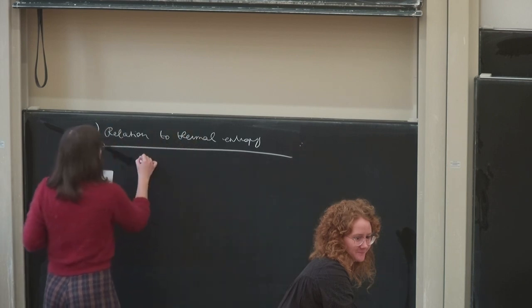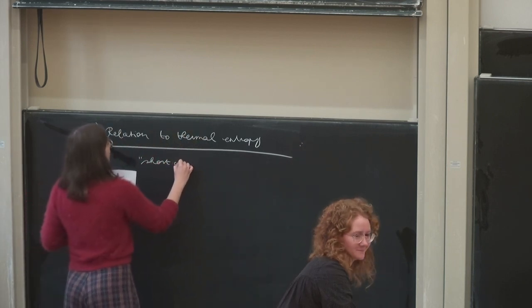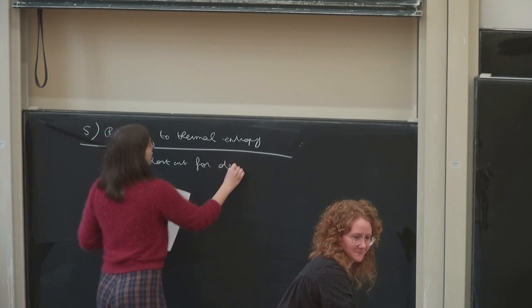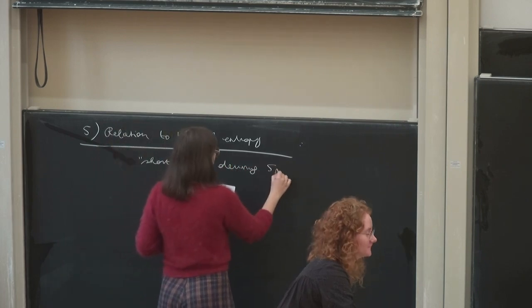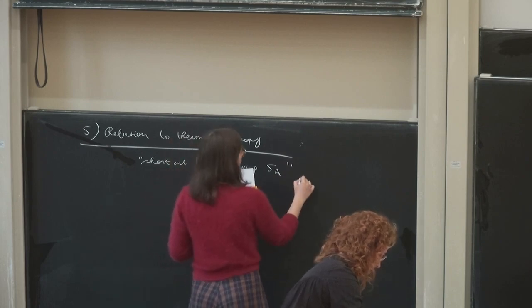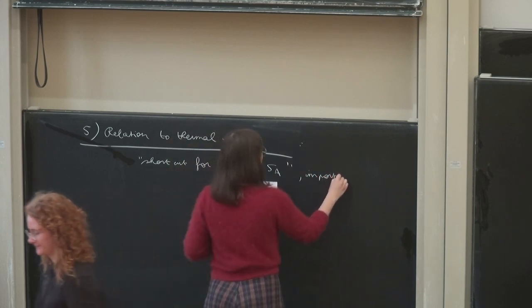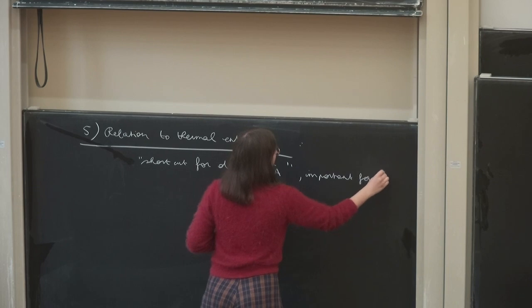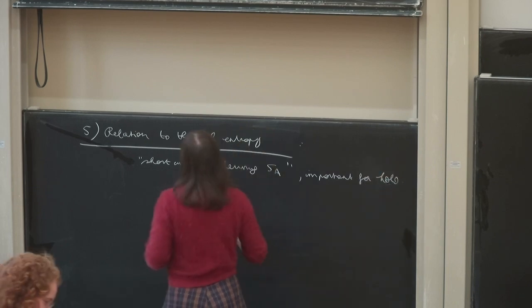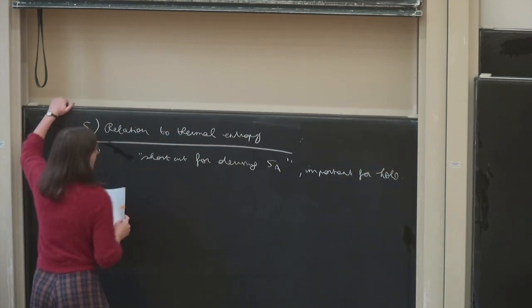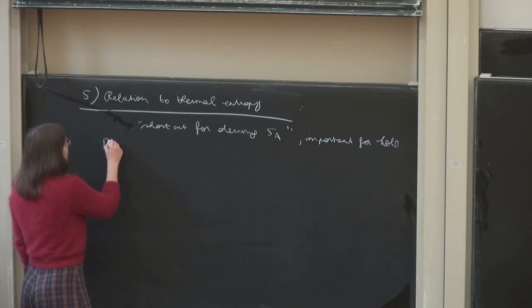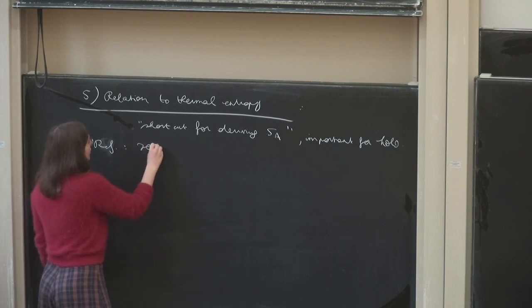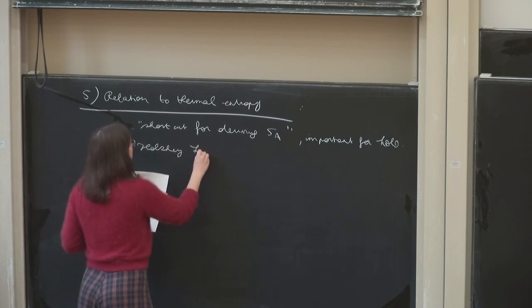So you can think of this as a shortcut for deriving the entanglement entropy. And as I mentioned, I partly want to introduce it because it's important for the holographic interpretation. So the main reference I'm going to follow here is the original paper by Holzhey, Larsen, and Wilczek.